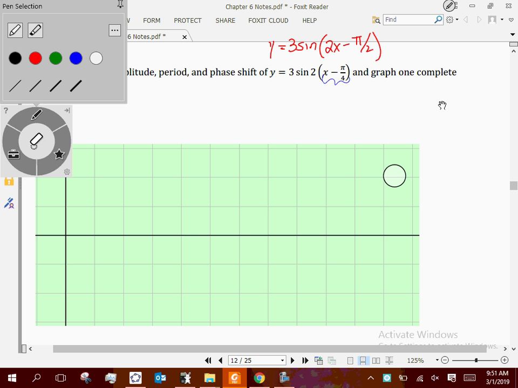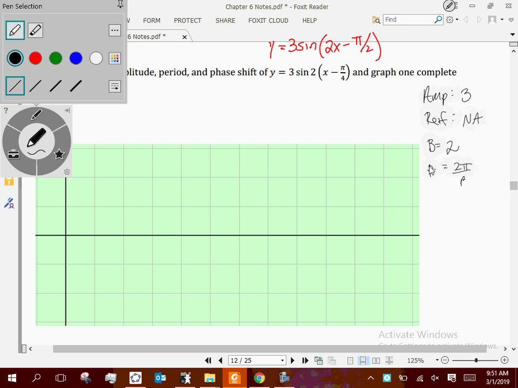All right, so what's the 3 going to do? What's that tell me? Amplitude. Amplitude is 3. Do I have any reflections? Okay, so the 2 there is your b value, right? And your period is equal to 2 pi over b.